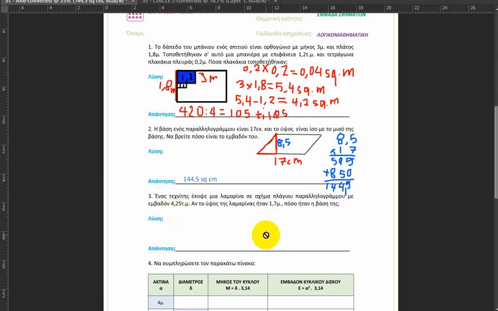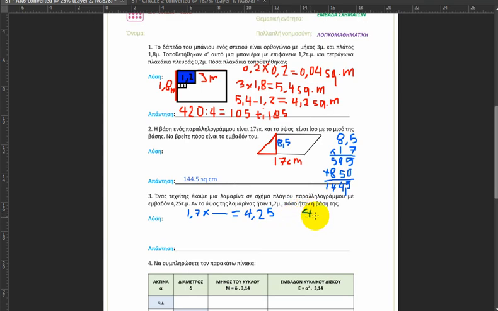So it's like saying 1.7 times what gives me 4.25, which sounds a lot like division. So we need to do 4.25 divided by 1.7. So let's do that right here.